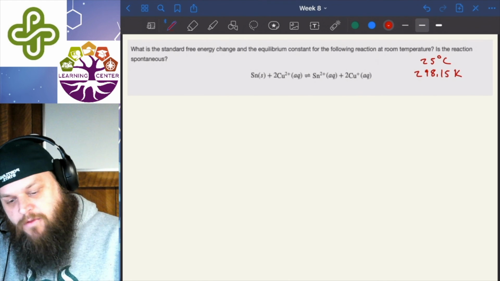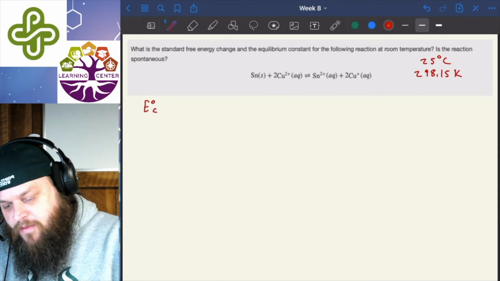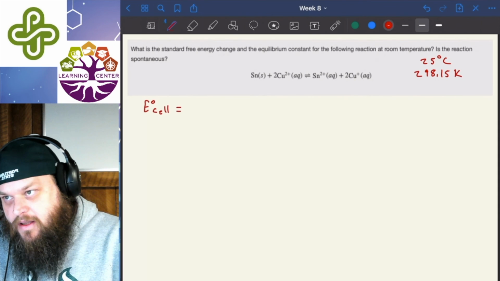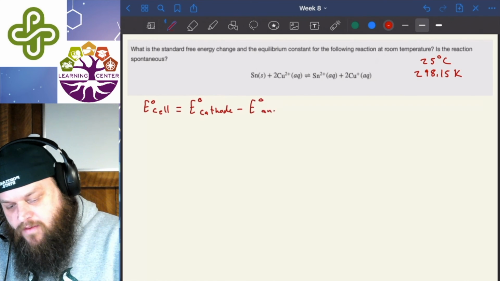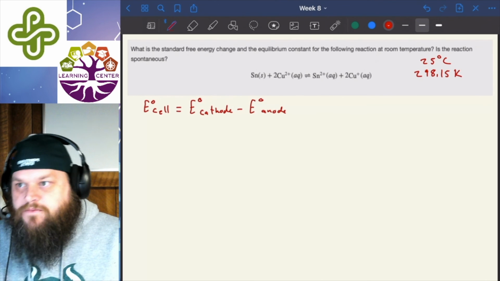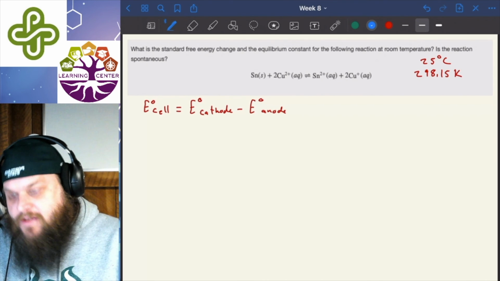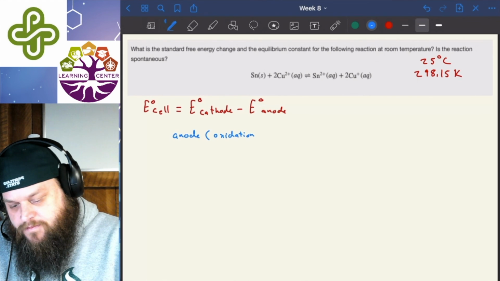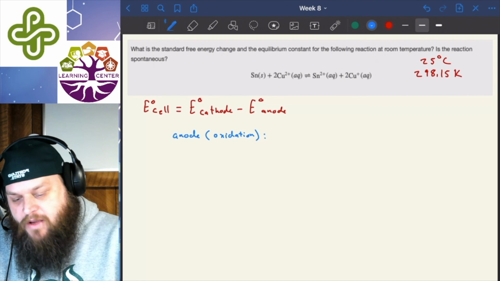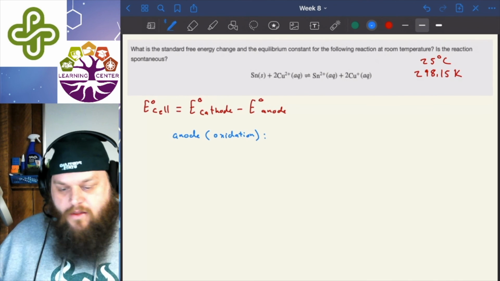So to remind us of what that equation is, I'll write it here. This is the cell potential of the cathode minus the cell potential of the anode. And we can write this out. The anode is the oxidation, and that oxidation reaction is always going to be the one that's losing the electrons.